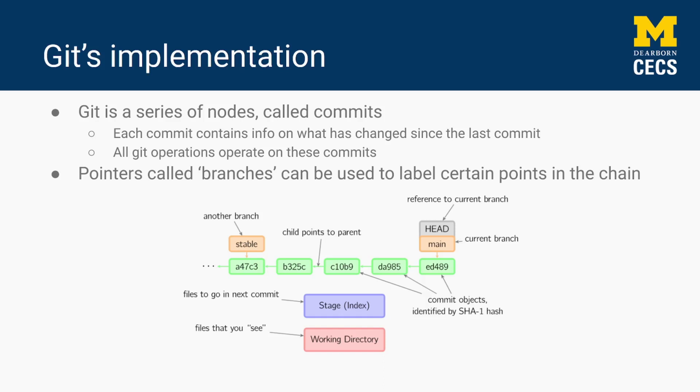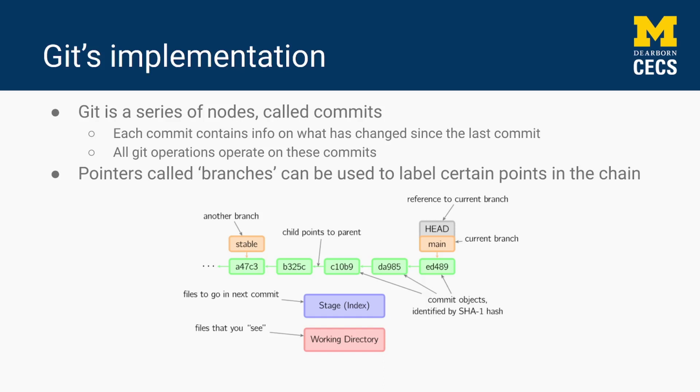And each of those commits contains simply what's changed since the prior commit. So everything in Git is based upon this very simple concept. In addition, this is something I didn't talk about much in the past, but I found it's useful to point out here: branches, which we'll talk more about later, are simply pointers into this tree structure.